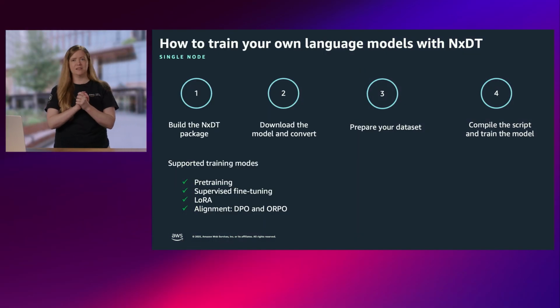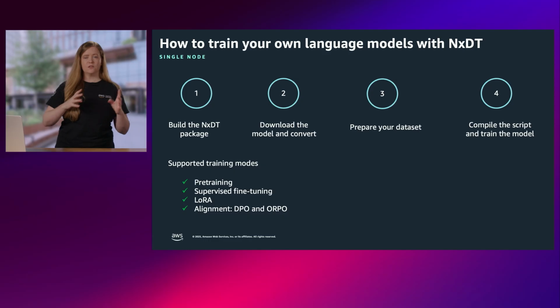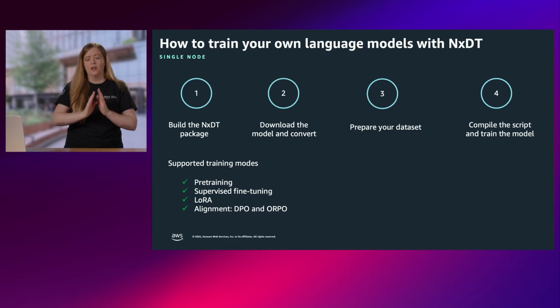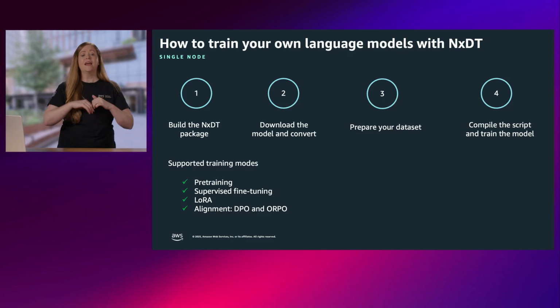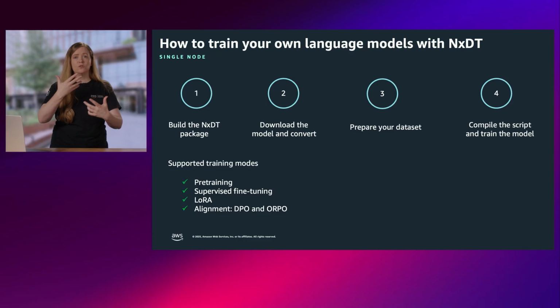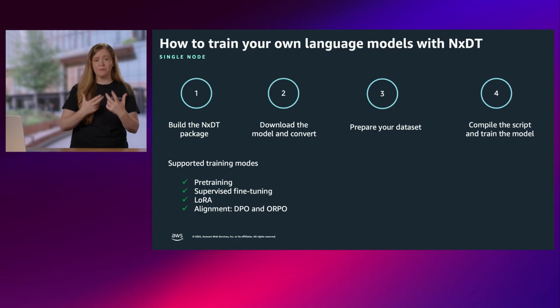And so how do we do this? What are some of the key steps? So again, we're in single node mode, so you have one instance. And in one instance, as you remember, we launched the instance, we accessed the instance, we activated the virtual environment. This time you're going to activate the virtual environment for training, so NxDT. And your first step is going to be to ensure that you have a working build of NxDT.